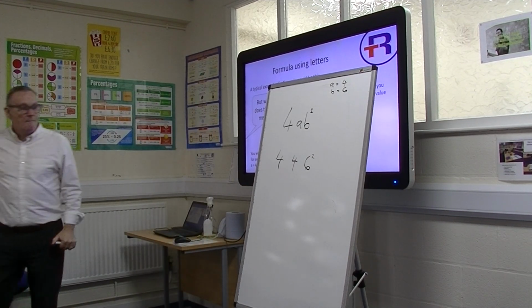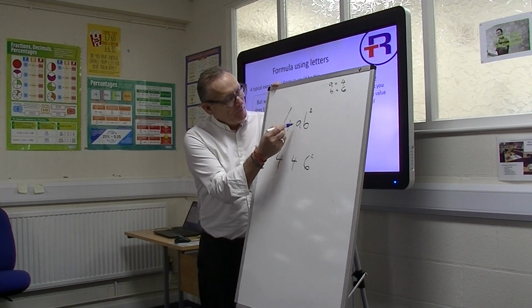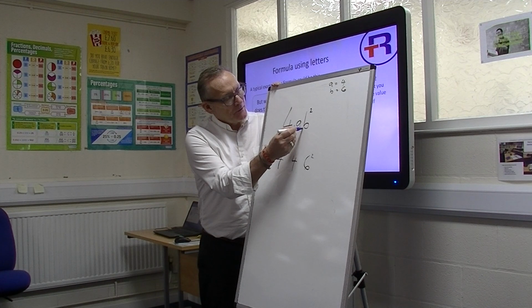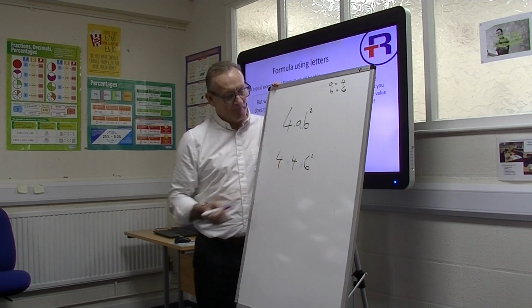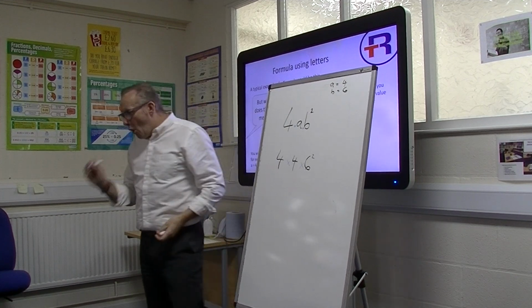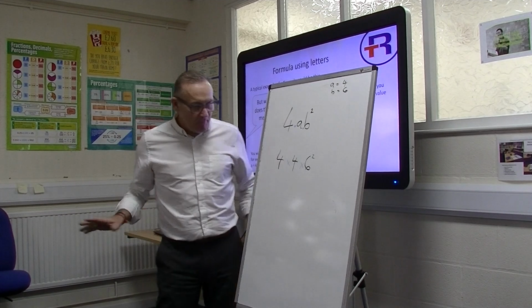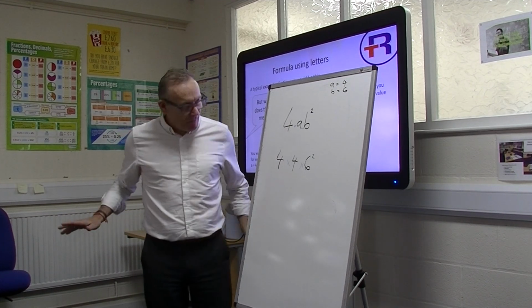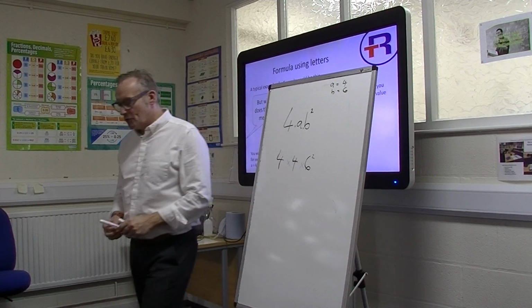What you need to remember now is that in these gaps, between the 4 and the A, and between the A and the B, goes a multiplication sign. Always. It will never be a division, an addition, or a subtraction. It will always be a multiplication.